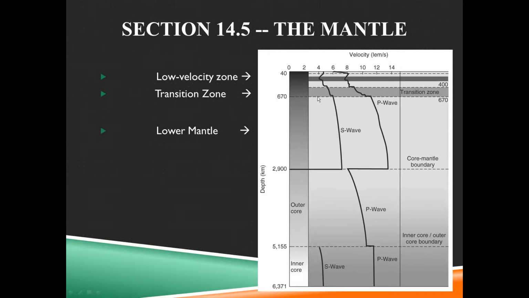Then down here is the transition zone from 400 to 670 kilometers. Then the lower mantle. And so this from about 40 down to about 2,900 is the mantle.